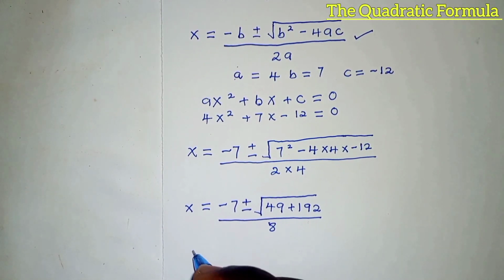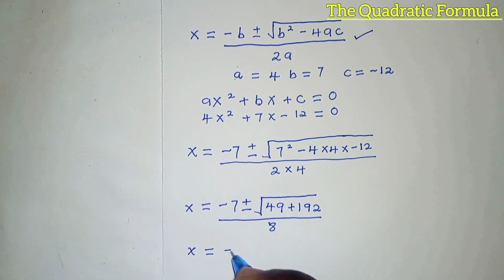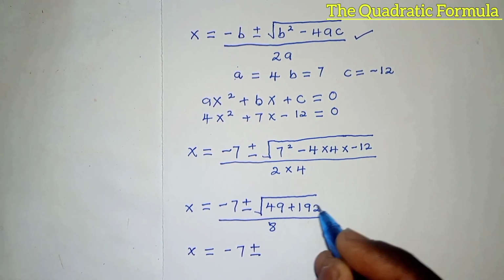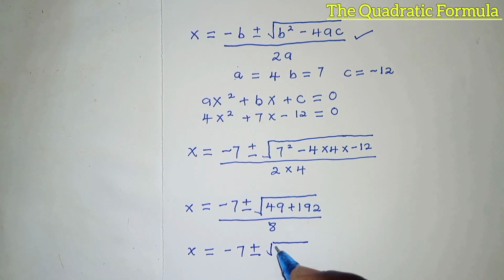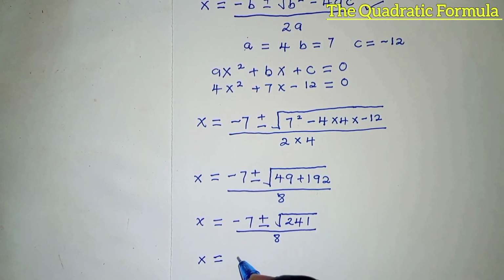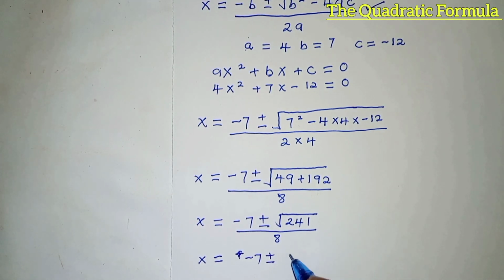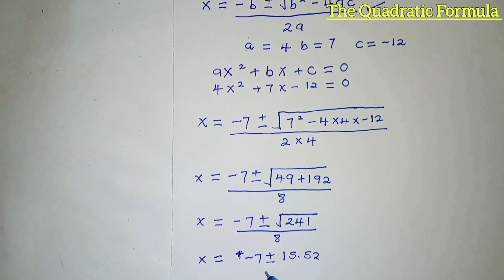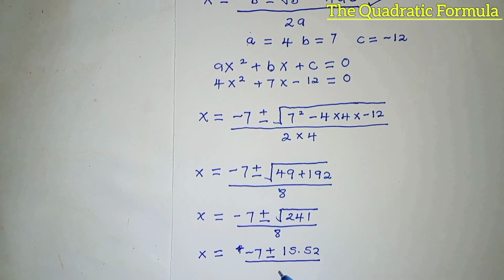So the next step, you see that x equals negative 7 plus or minus the square root of 49 plus 192, which is 241, divided by 8. The next step, you say that x is equal to negative 7 plus or minus the square root of 241, which is 15.52, then over this 8.